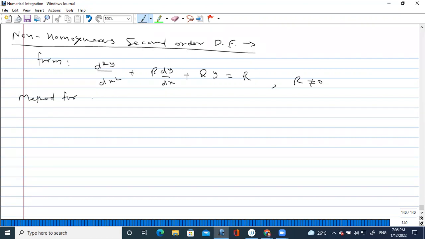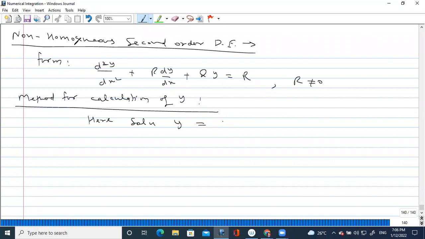Method for calculation of y, or method for solution. Okay, so there are two forms in which we will solve this equation. The solution y is made up of two solutions, y1 plus y2.